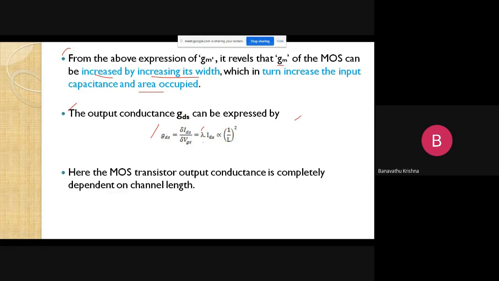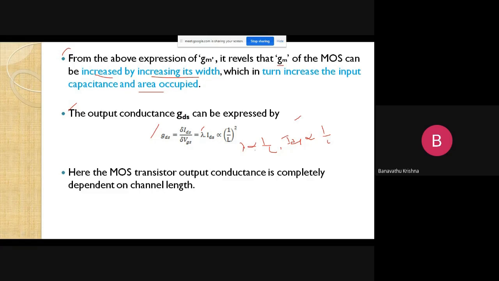So lambda times IDS is equal to 1 by L whole square actually. Lambda is inversely proportional to L, and IDS is also inversely proportional to L, right? So lambda into IDS is inversely proportional to L whole square, right?